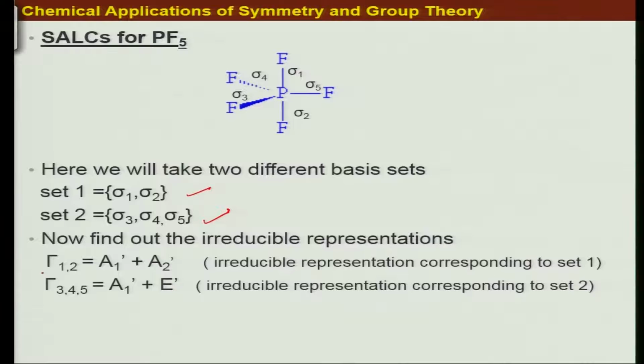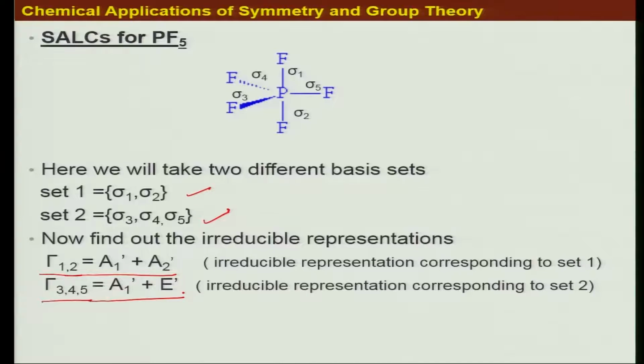Here we get the representations which we write as gamma 1 2, meaning that this gamma is formed by taking sigma 1 and sigma 2 as basis functions, while the other representation we write as gamma 3 4 5, meaning that we form this representation using the basis set comprising sigma 3, sigma 4, sigma 5. Upon reducing gamma 1 2, we get A1 prime plus A2 prime, and from gamma 3 4 5 we get A1 prime plus E prime.